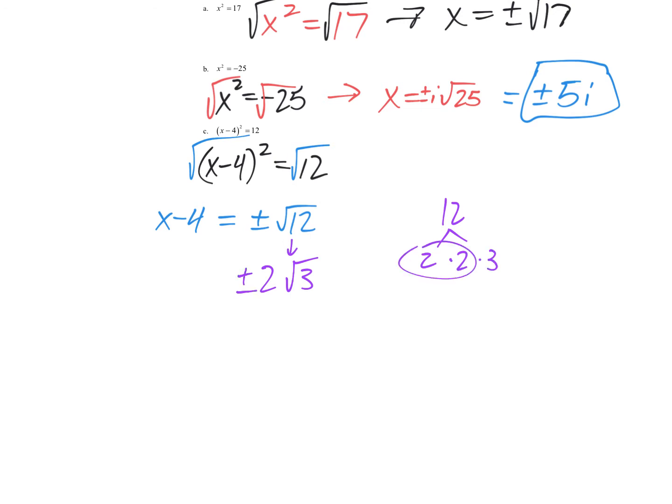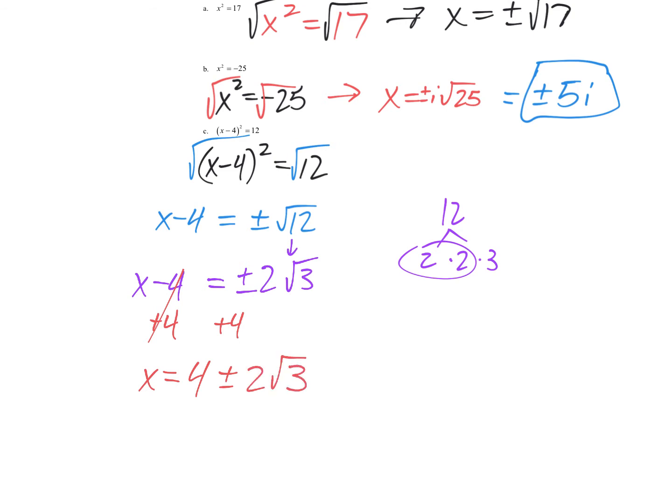So we've got that plus or minus is equal to x minus 4. And let's move the 4 back to the other side so that we can solve for x properly. Okay, just be careful. We can't combine these because these are not like terms. 2 times root 3 is doing its own thing. It cannot be combined with that 4. So I've got x equals 4 plus or minus 2 root 3.